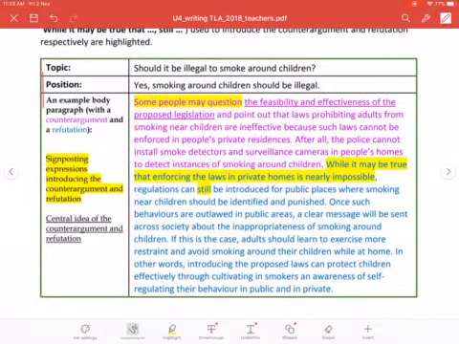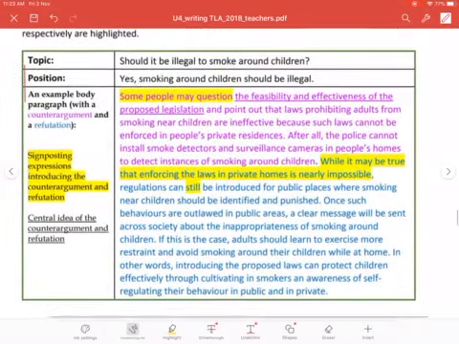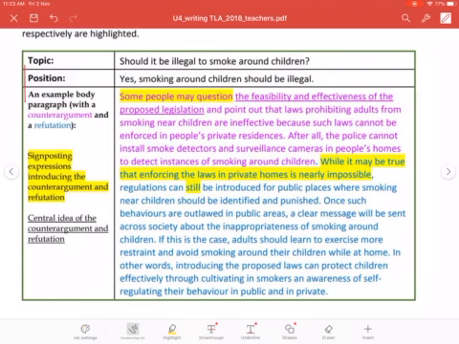So we need to look at an example here. This is a body paragraph that is doing exactly what I just said. If you can see here, the first sentence, some people may question the feasibility and the effectiveness of the proposed legislation, and point out that all the way down here.